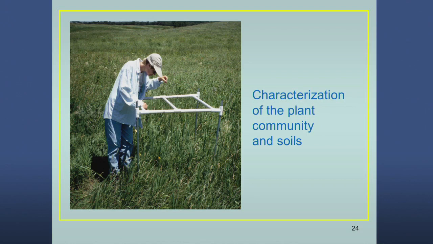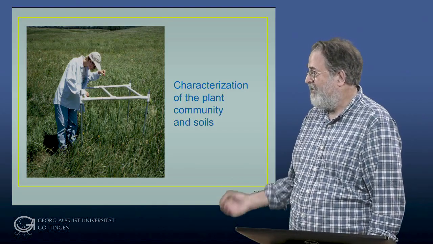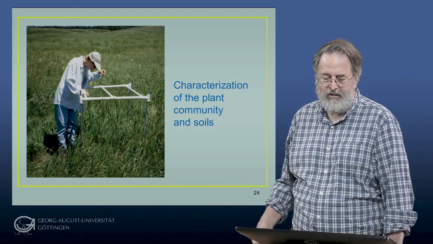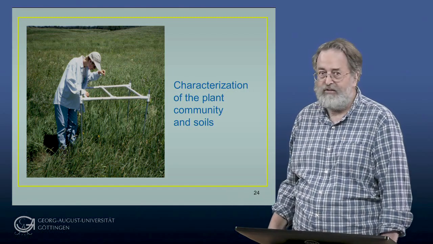She does this 100 times over each sample site, and this gives us cover data with a fine grain division of 1% cover values, which is good quantitative data for this kind of analysis.